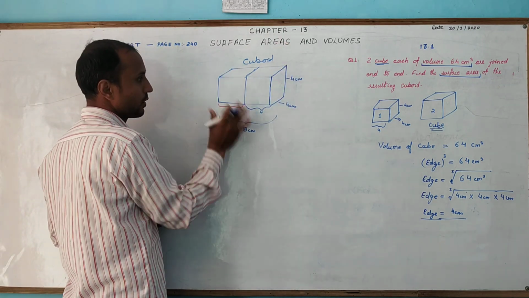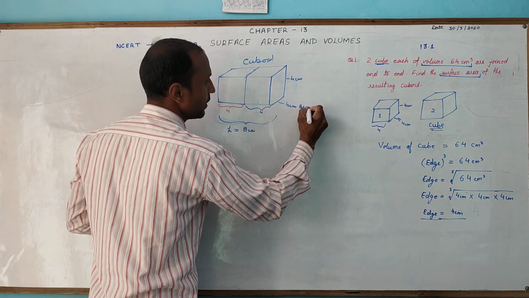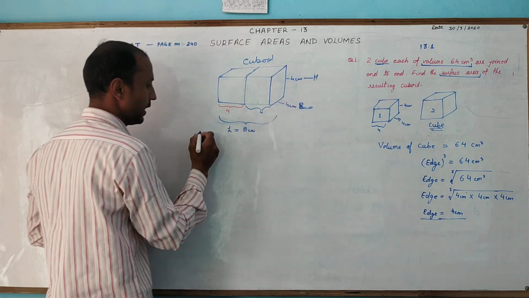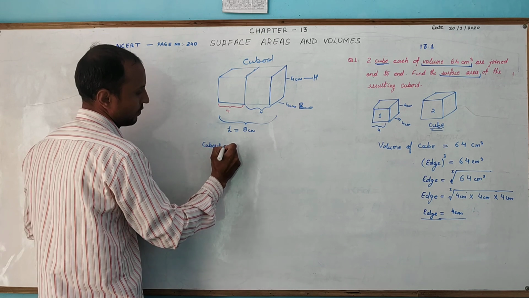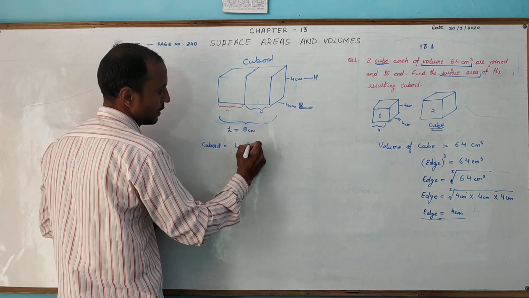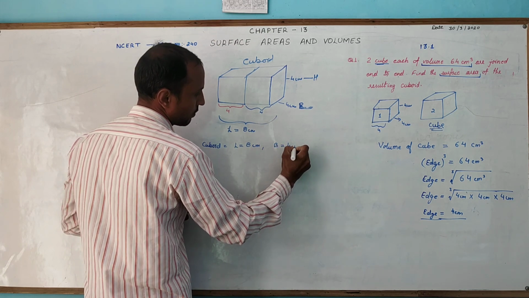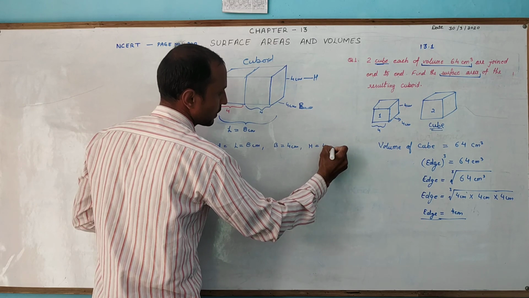So if it becomes a cuboid, we can say that this is your breadth and this is your height. So we have the dimensions of the cuboid: length is equal to 8 centimeter, breadth is equal to 4 centimeter and height is equal to 4 centimeter.